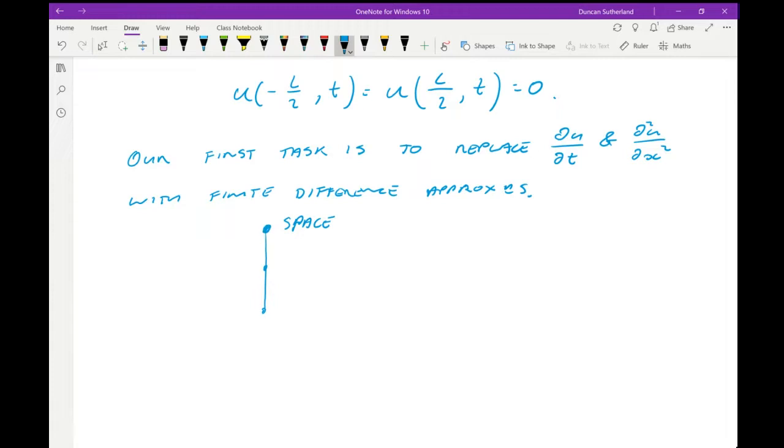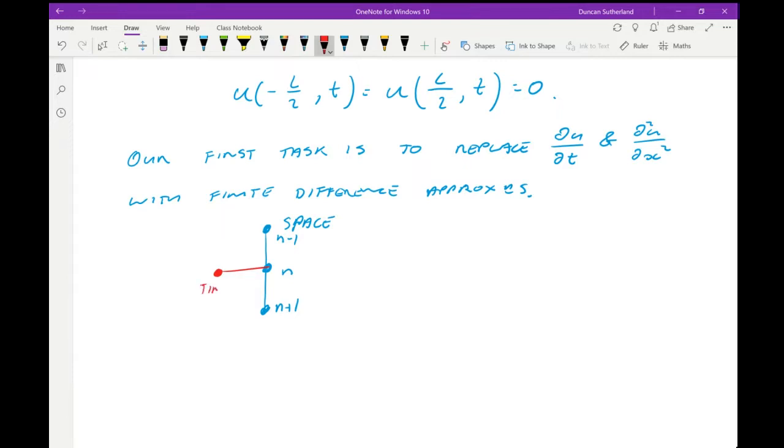So that's 3 points: n minus 1, n, n plus 1 in space. And we're going to have a forward finite difference, so first order derivative and first order accurate.